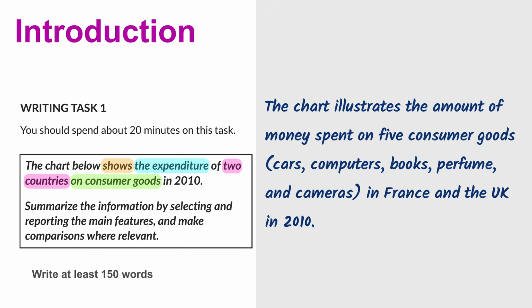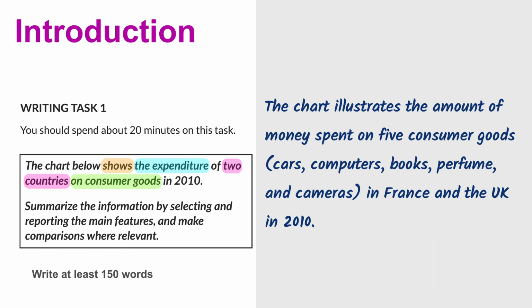The chart illustrates the amount of money spent on 5 consumer goods: cars, computers, books, perfume, and cameras in France and the UK in 2010. This is a very good introduction paragraph. We restate the question. We use some synonym words here, all right? And also, nothing extra is included here, and it's completely to the point, all right?